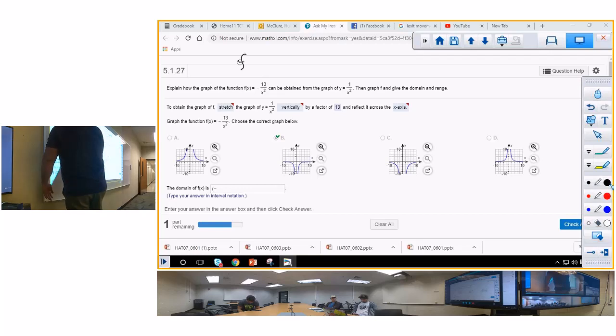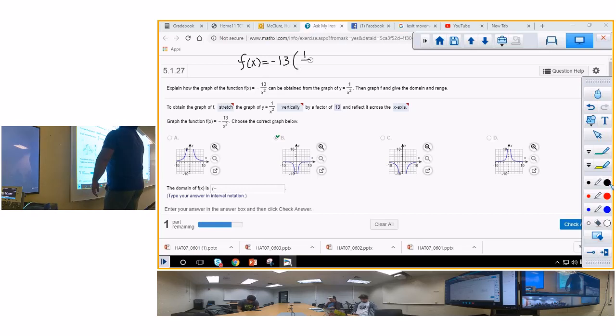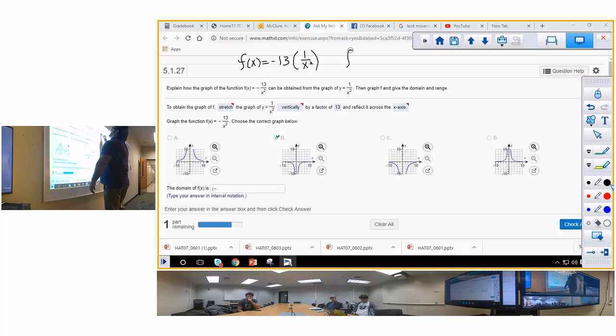F of x is equal to negative 13 times 1 over x squared. Now you could rewrite it like this. F of x is equal to negative 13 times 1 over x squared, hold on.